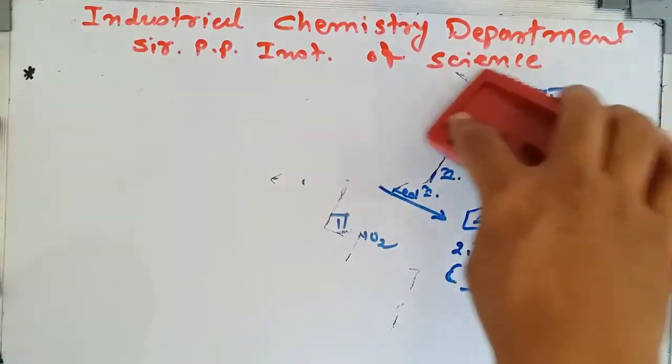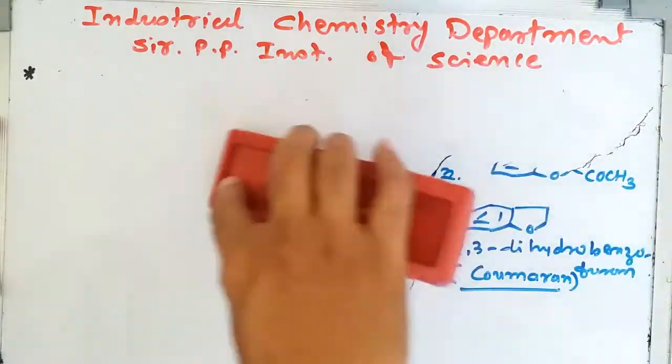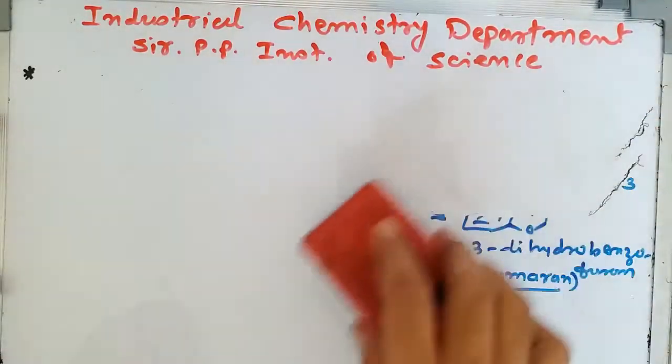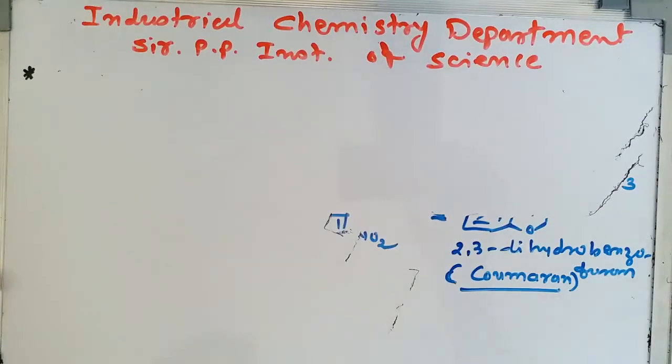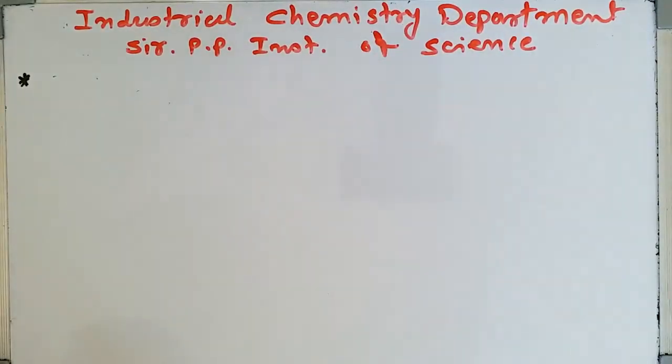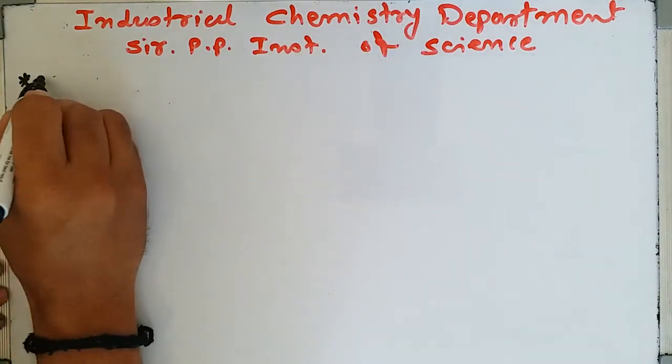We studied well about thiol. Sorry for disturbing. We have a 5-member heterocyclic compound. Heteroatom is sulfur, then it is thiophene. And now this is benzothiophene.